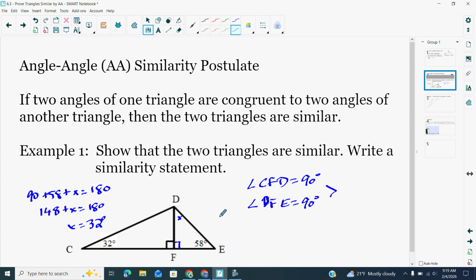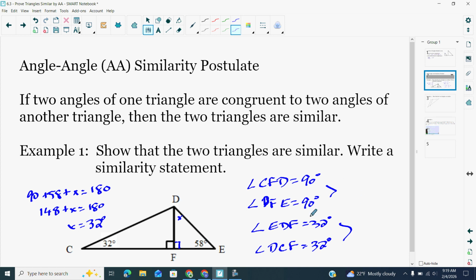So X is 32 degrees. Angle EDF is 32 degrees. It tells us right here that angle DCF is 32 degrees.